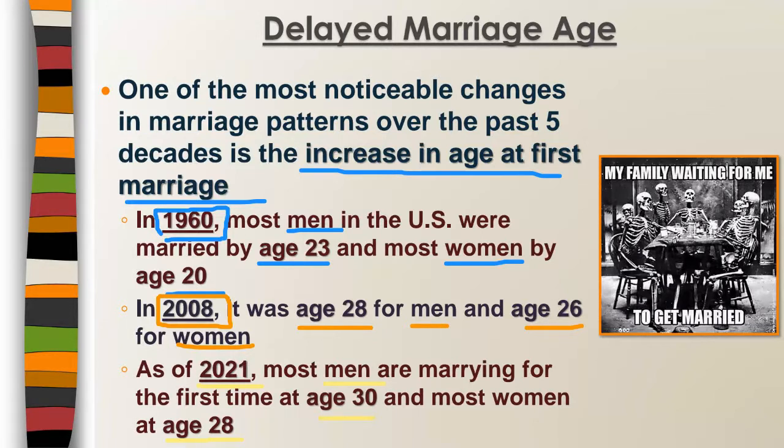So our marriage age is steadily going up and up and up, where in 1960, you were expected to be married by the time you were in your early 20s. In probably a couple years from now, we'll be expected to get married for the first time in our early 30s. So there's this extra decade now where there's less of a social stigma on remaining single, waiting a little later for marriage.